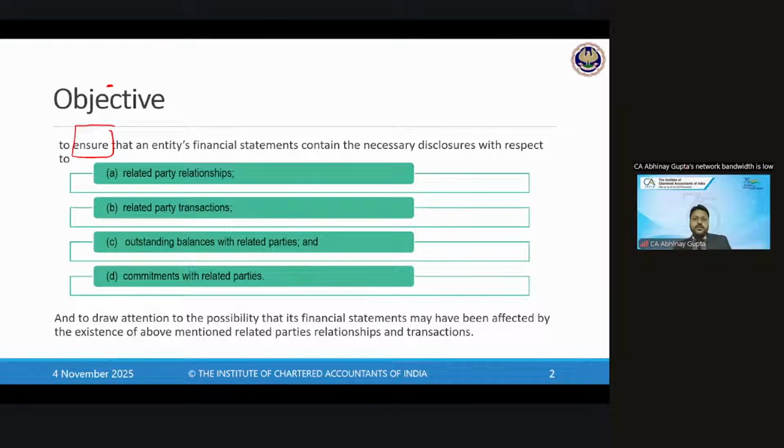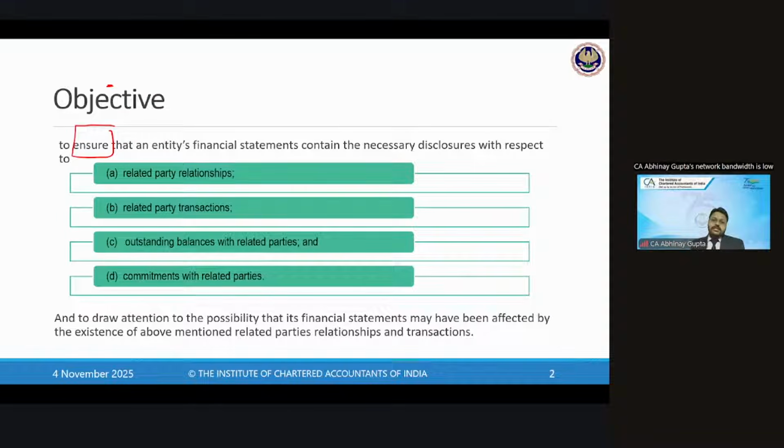Now, in the absence of any disclosure around these related parties and the transactions with them, users will never be able to understand whether the financial statements and the statement of profit and loss depict a true and correct picture, or true and fair view. That's the importance of this standard.